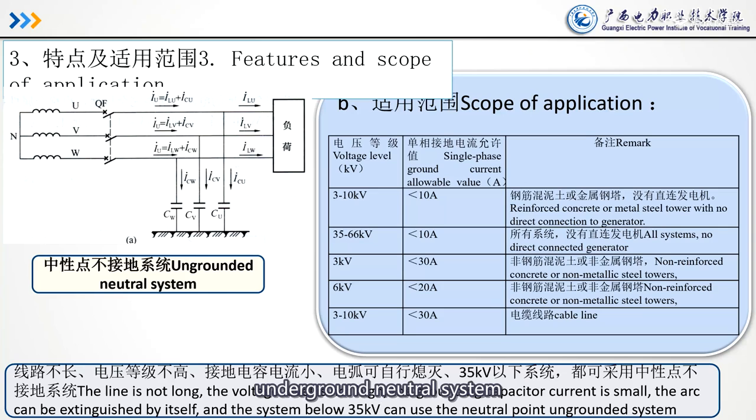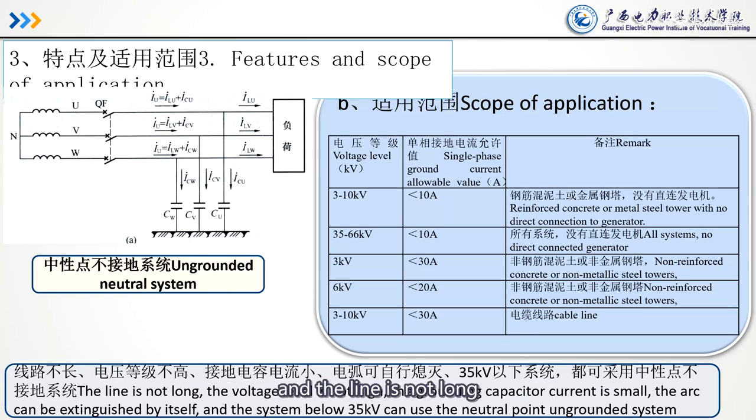On the ungrounded neutral system, it applies to reinforced concrete or metal steel towers with no direct connection to a generator, or a system with no directly connected generator, non-reinforced concrete or non-metallic steel towers, and the cable line.